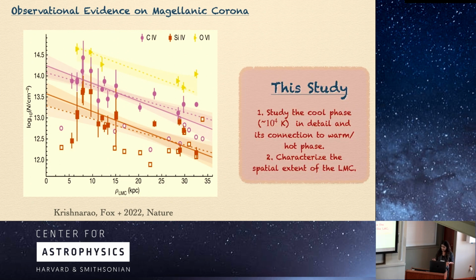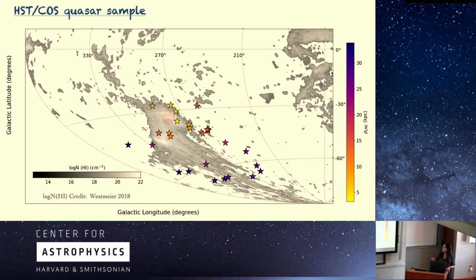So in this study, we studied this cool phase of 10 to the power 4 Kelvin in detail, and we also compare it with the warm-hot phase to give a complete picture of the LMC CGM. We also characterize the spatial extent of this LMC CGM. To do that, we revisited the sample of 28 quasar sightlines of Krishna Rao 2022.